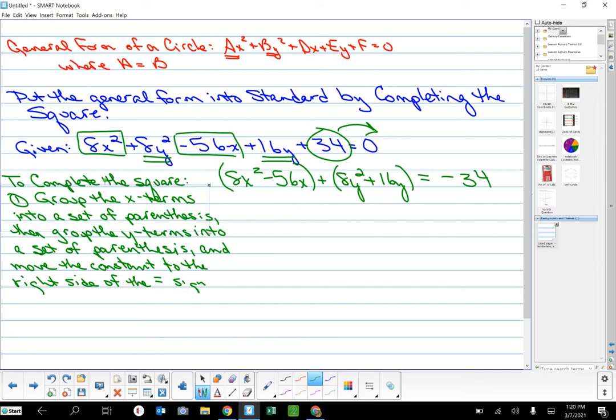Okay, change my pen color so you can see what's happening. So step 2, we're going to factor out the numeric, only the numeric GCF from both quantities.